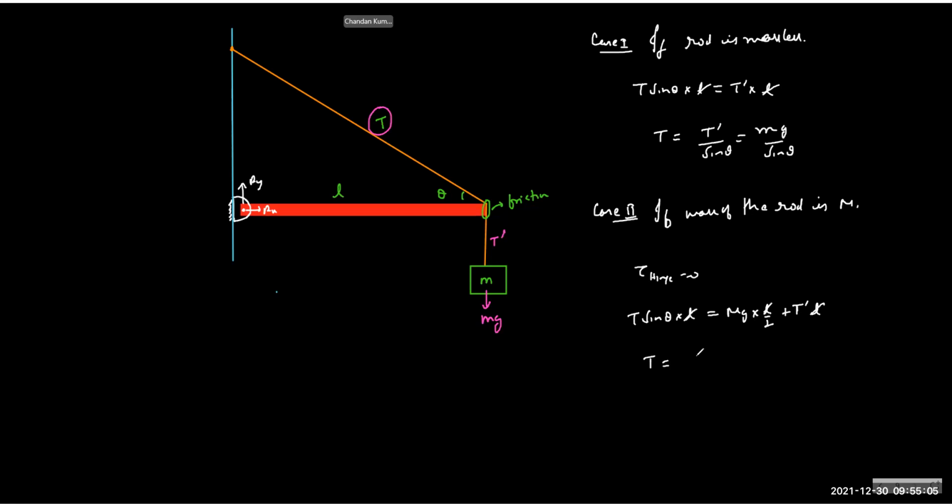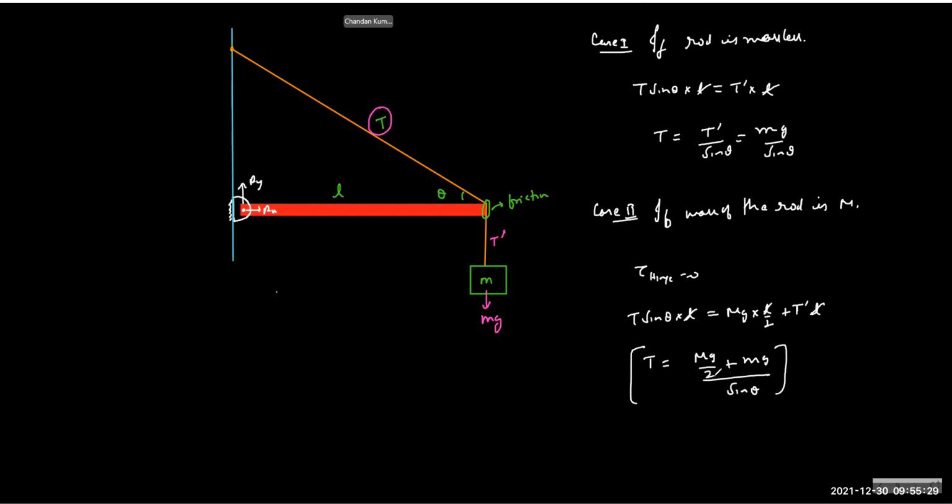So T becomes Mg by 2 plus T dash, which is, what is T dash? Mg whole divided by sin theta. That's the only difference.